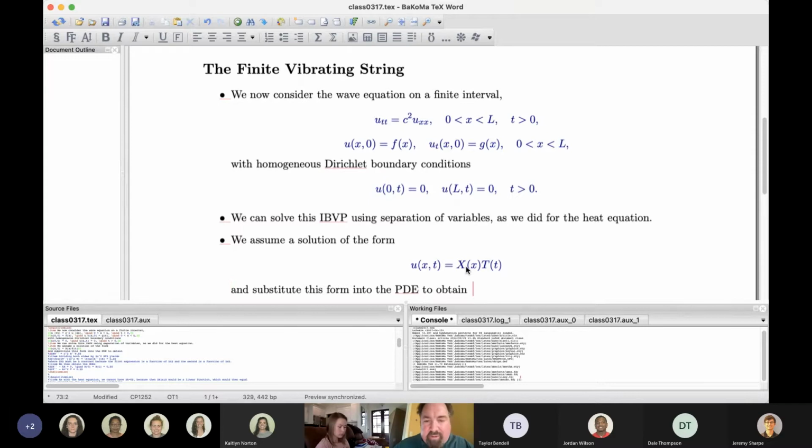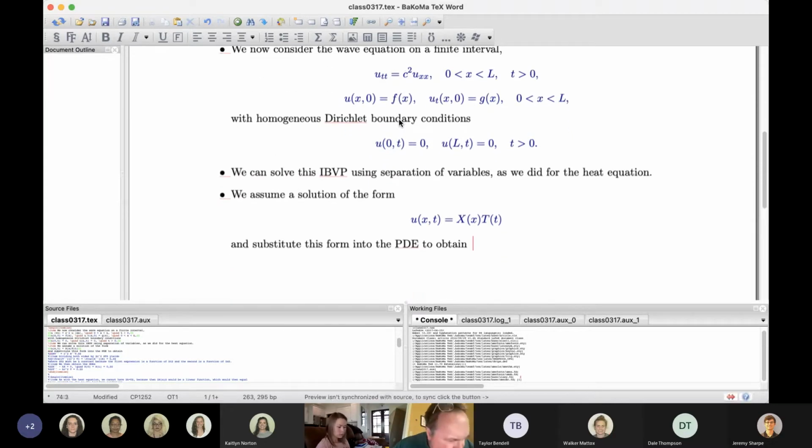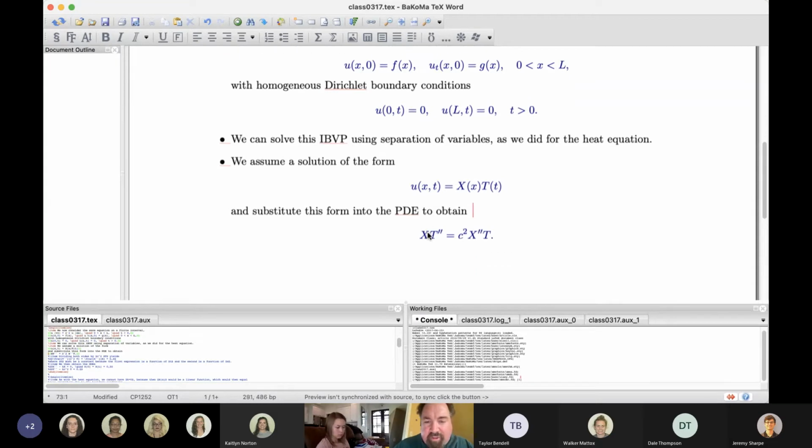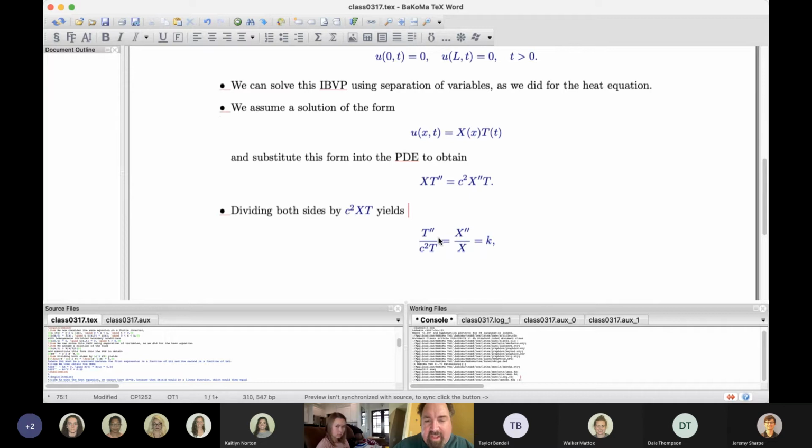So we substitute this form into the PDE, and this is what we get. Taking second derivative with respect to t here, with respect to x here, and then some rearranging. We get this expression that depends only on t, this that depends only on x. Therefore, both must be equal to a constant, k.